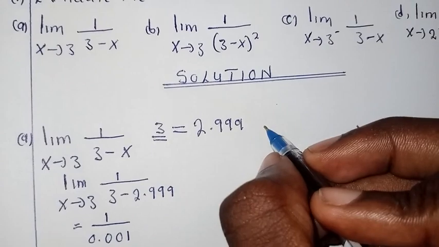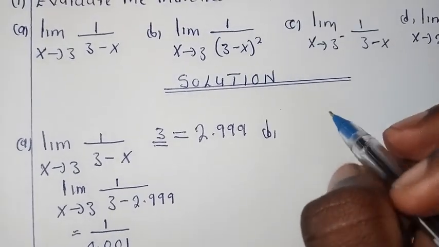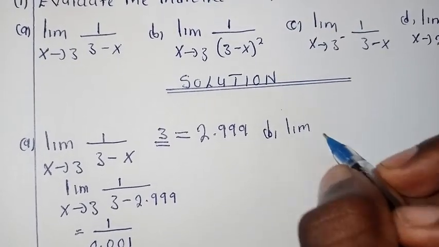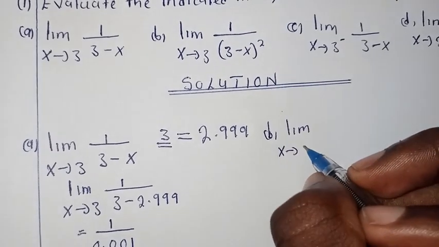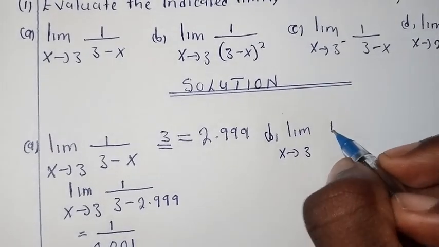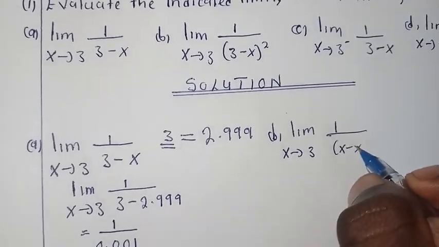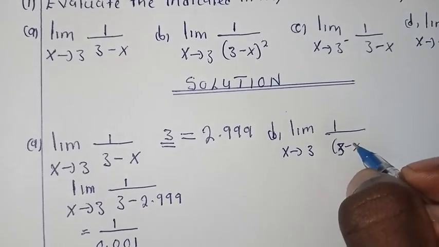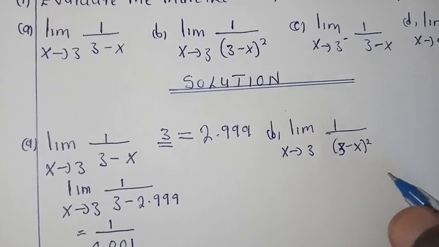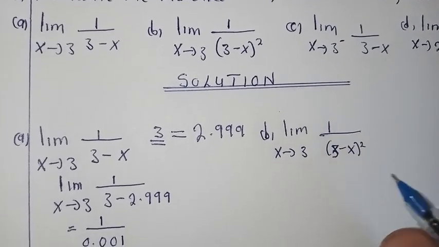We use the same concept. We have the limit as x is approaching 3 of 1 over 3 minus x to the power 2. So of course we use the same concept.